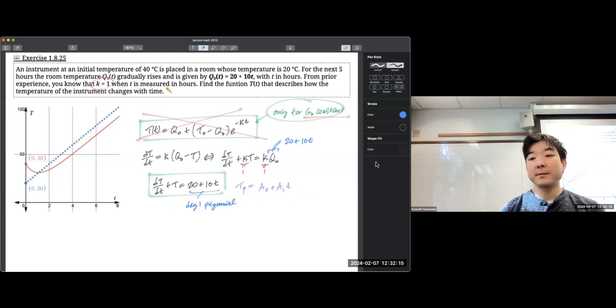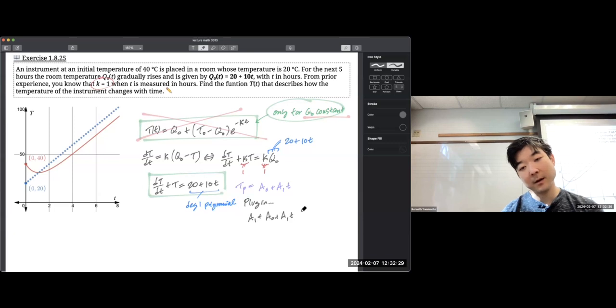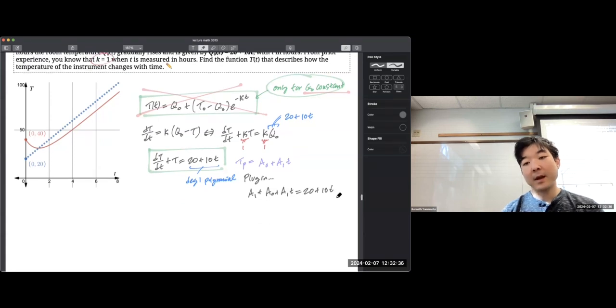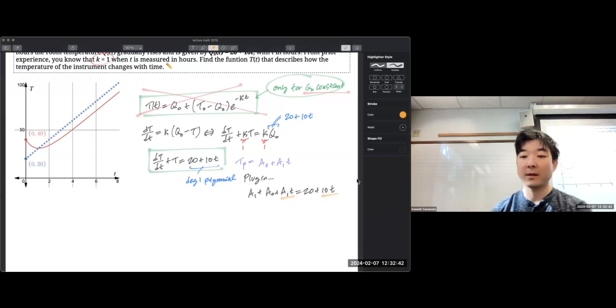So you're going to plug this into the differential equation. Your derivative term, dT over dt, will just be A1. Plus, you're just plugging this whole thing into your T. And this is going to equal your 20 plus 10t. And you're going to match terms. So you're just going to say that this A1 has to equal basically 10.